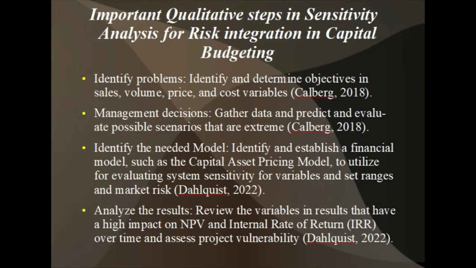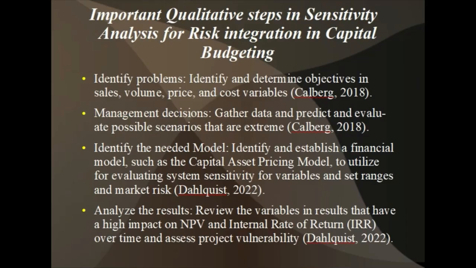Important qualitative steps in sensitivity analysis for risk integration in capital budgeting. Identify problems. Identify and determine objectives in sales, volume, price, and cost variables. Management decisions. Gather data and predict and evaluate possible extreme scenarios. Identify the needed model.